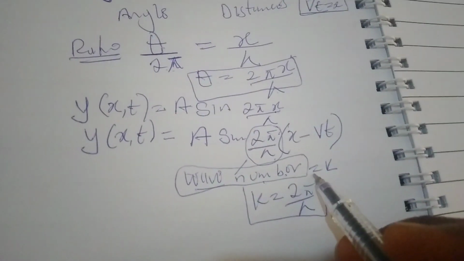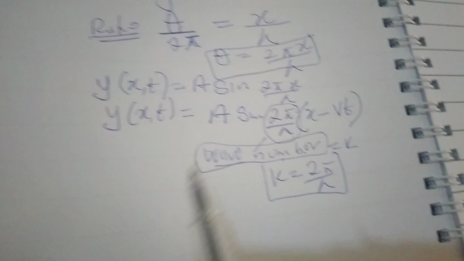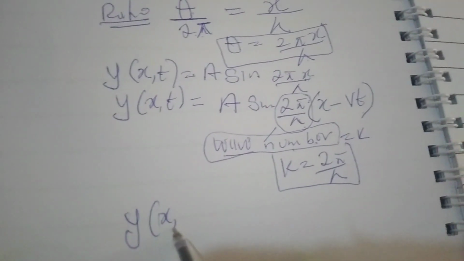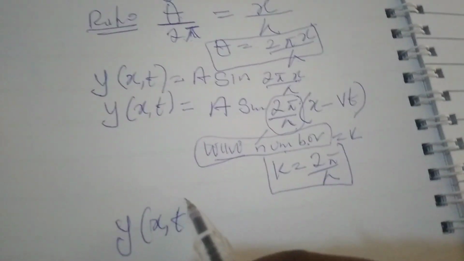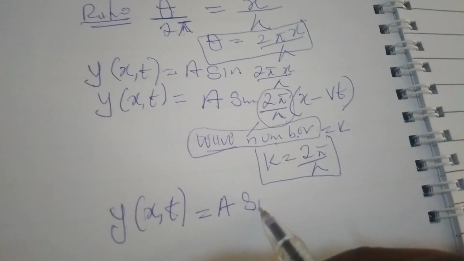So now we can open this bracket and have our vertical displacement of the wave, which is a function of horizontal displacement along the x-axis with respect to time, as amplitude times sine.